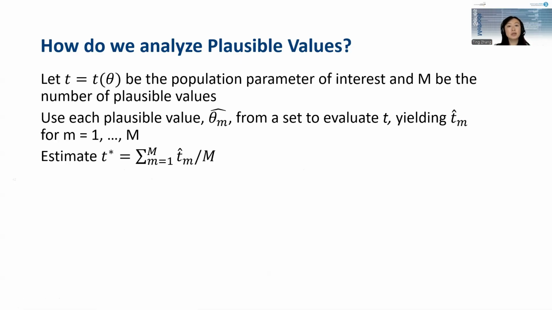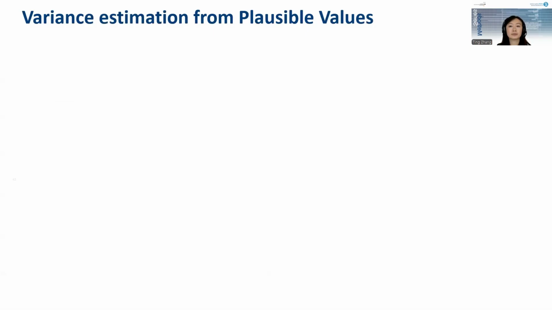All right, so whenever we do analysis, we also have to use standard errors. Let's look into how we calculate the standard error, in other words, variance. When we do an analysis, the variance in plausible value estimates actually has two parts.